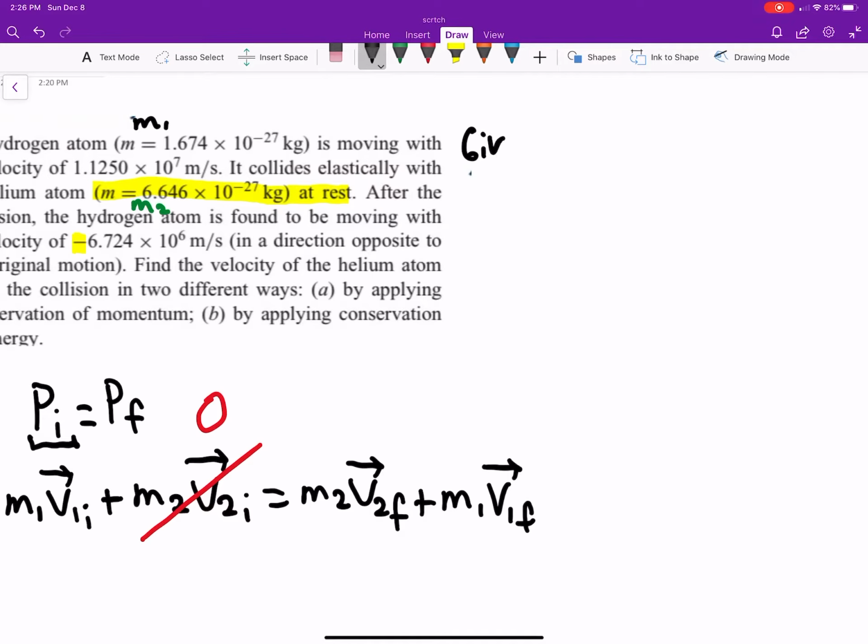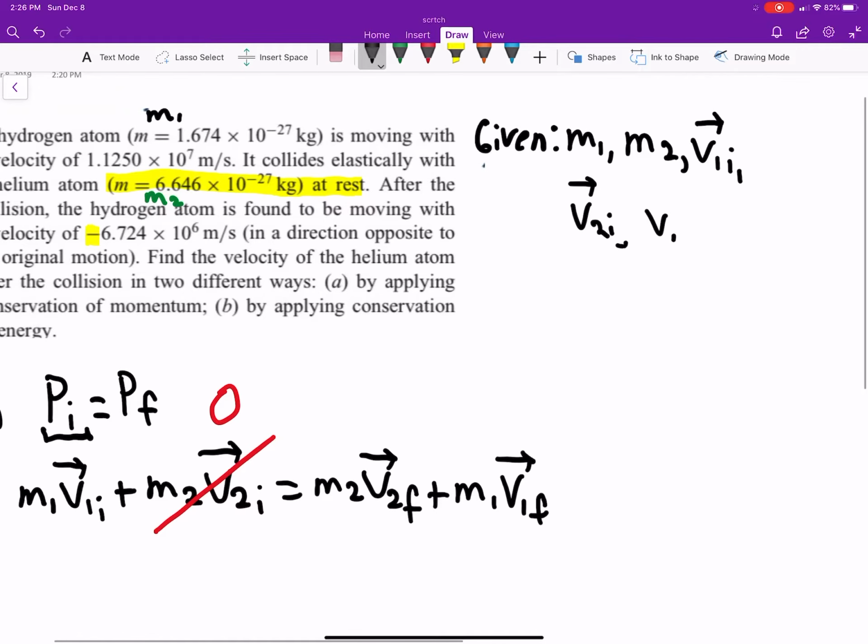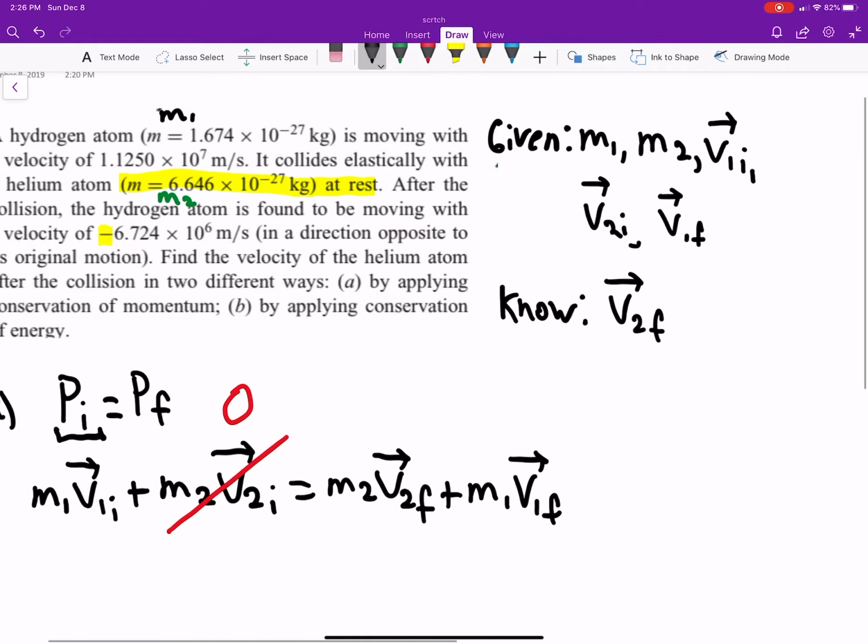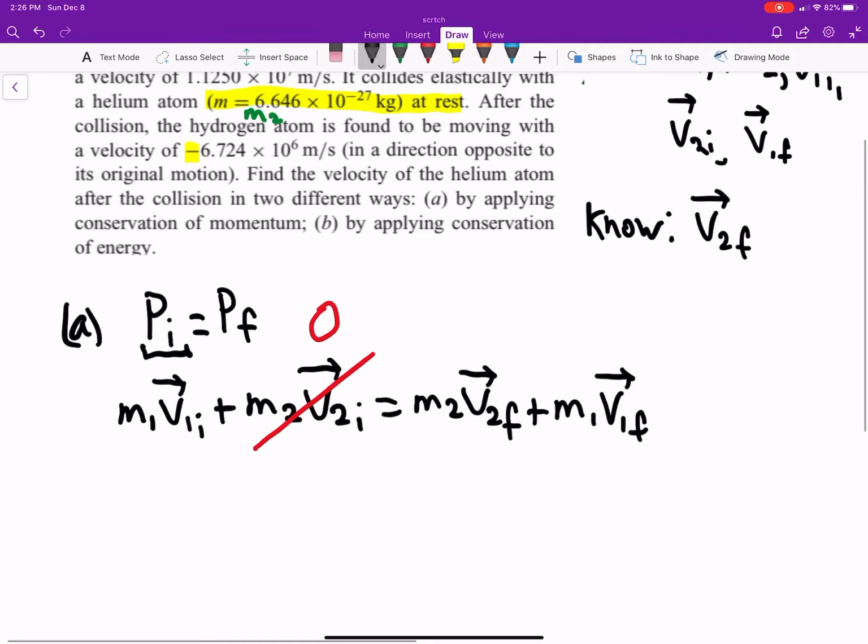We're given mass 1, mass 2, V1 initial, V2 initial, which was 0, and we were given V1 final. And what do we want to know? What's our end goal? V2 final. That's ultimately what we want to figure out. That just helps us be a little organized with these problems because you might forget which one's your helium mass and your hydrogen mass. Just write that down on the side. It's a good practice for any physics problem.